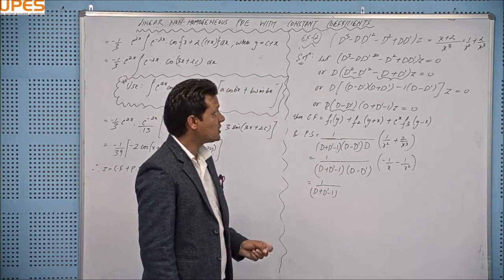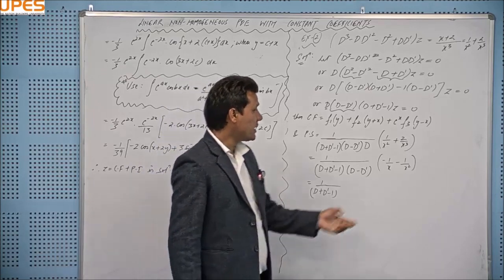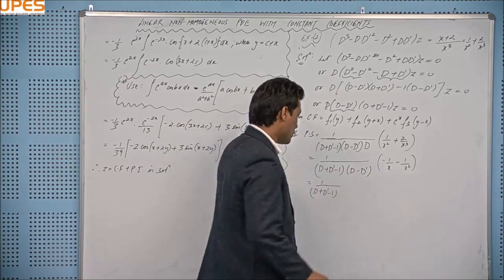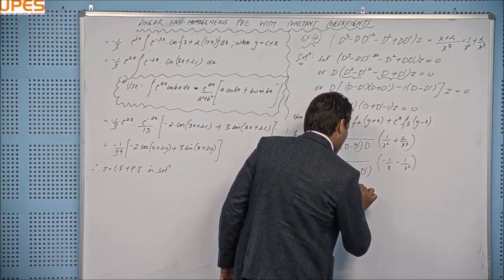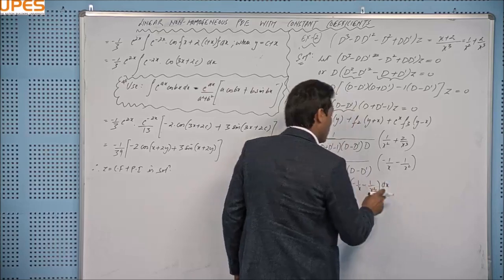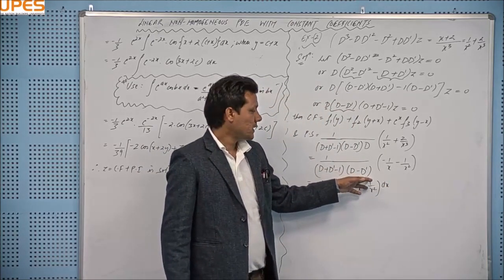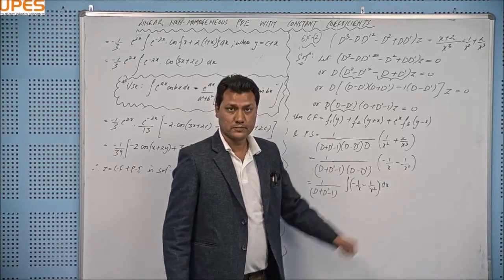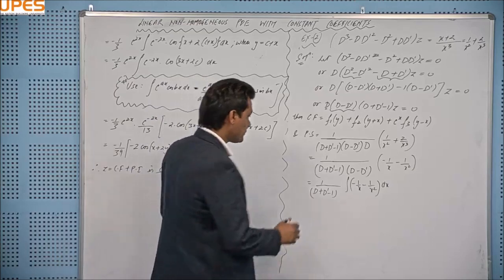What is that c minus mx? That is actually y replaced by c minus mx, and luckily this time I don't have y, so I will not care about that y, I will directly write it as integration of minus 1 upon x minus 1 over x square dx. I hope you understand, because alpha is equal to 0 and there is no y in this, so ultimately it will be like this integration.